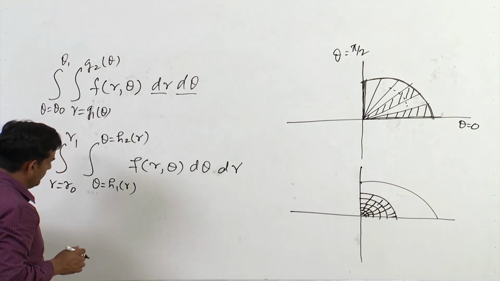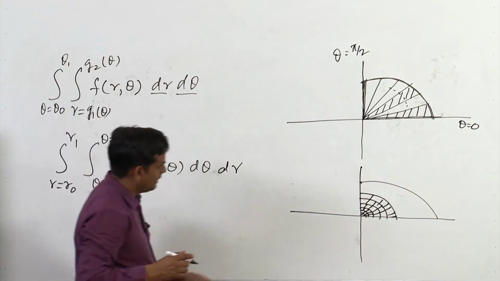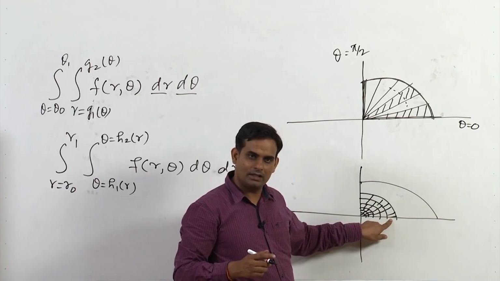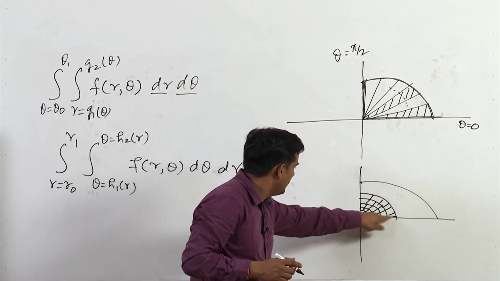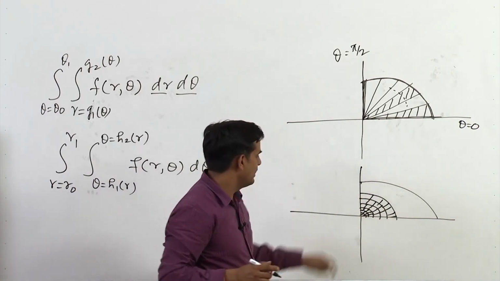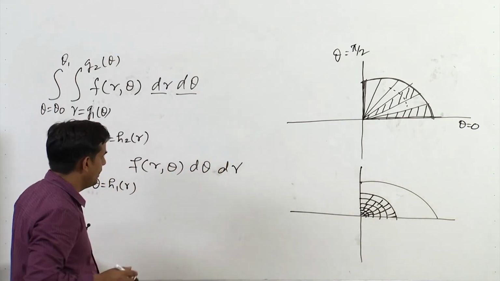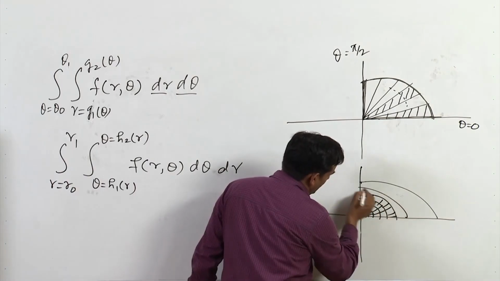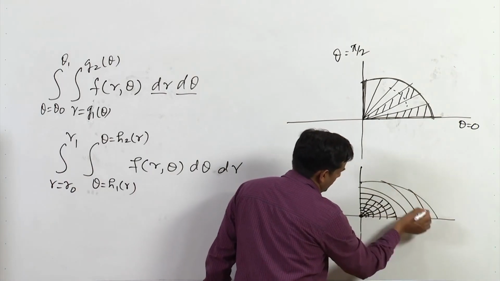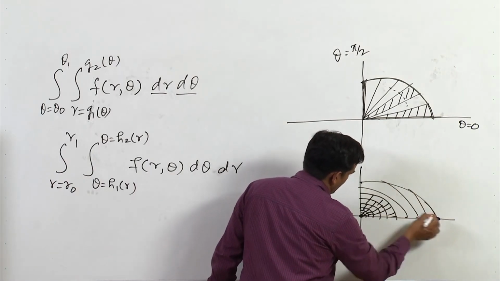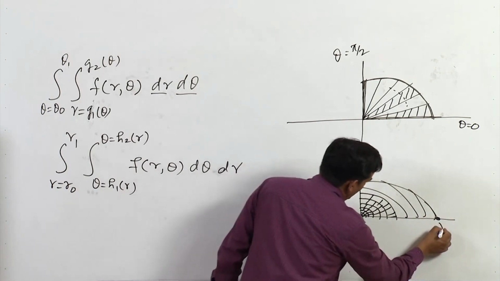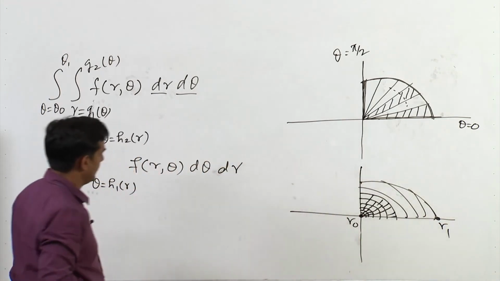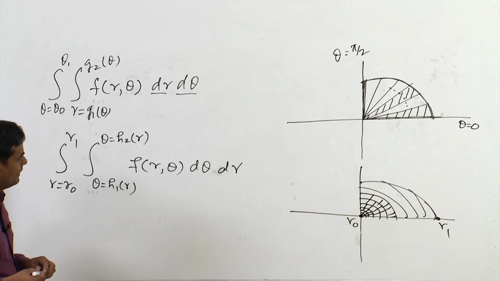So, here I will be having this value of theta and this value of theta, and then a constant limit for r. It will start from here and go like this up to here. So, r 0 to r 1 like this, it will cover the whole region.